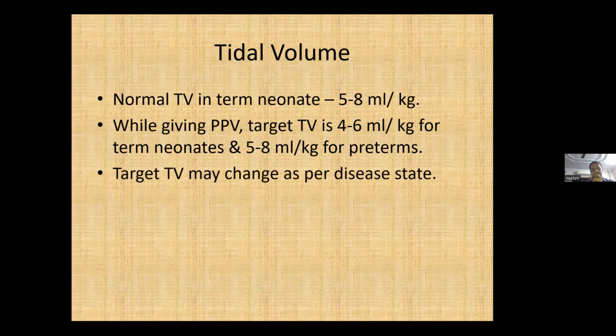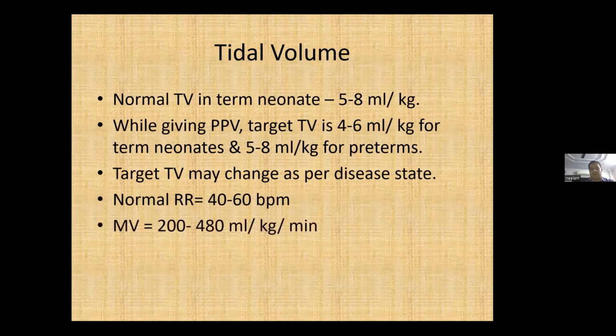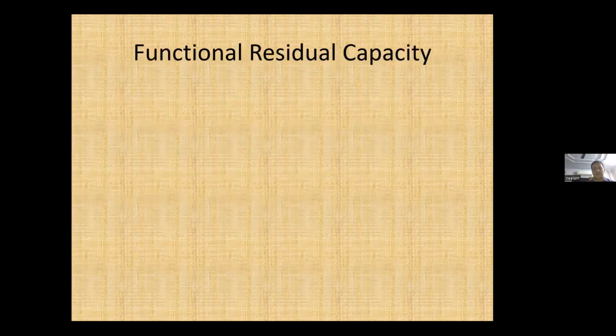And it is again expected to change as per the disease states. Normally the respiratory rate is around 40 to 60, and if we multiply this respiratory rate with the tidal volume, that is 4 into 40 or 60, what we get is a minute ventilation of around 200 to 480 ml per kg per minute, right? So this is the normal value of minute ventilation.